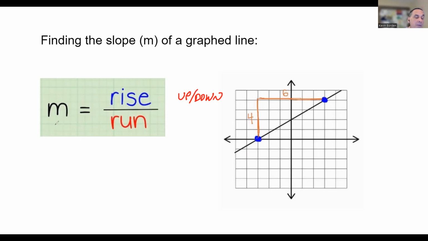Why it's called M, we're not going to worry about. It just is. So we calculate M by finding the rise and dividing it by the run. Now we always want to start with the point on the left and move to the point on the right. Let me review that in the next slide.